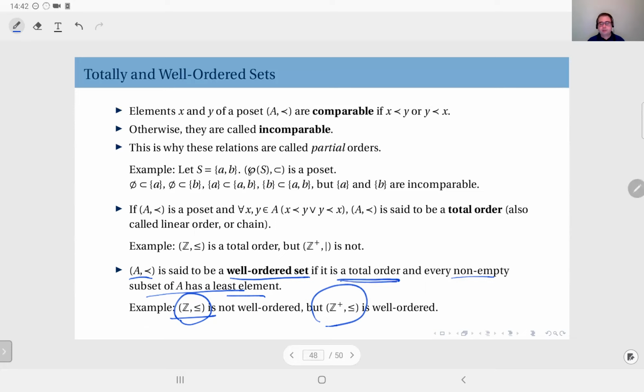You have an ordering relation so that you can actually compare two elements. So it should be a total order. That means any two elements you give me, I have to be able to order them or compare them. And if every non-empty subset has a least element, then we say that it's a well-ordered set. And this was the basis of induction, as we have discussed earlier.